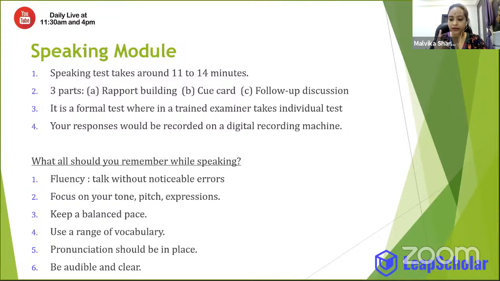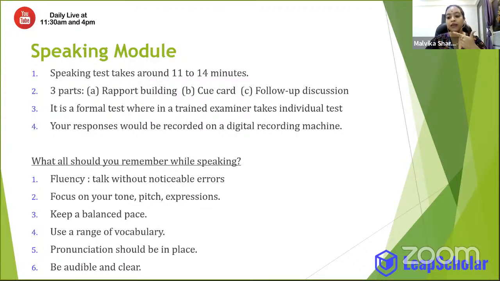Part 1 is a rapport building round in which the examiner is usually trying to make you comfortable with the surroundings, comfortable with her, so that after some time you are able to answer all her questions. Got my point? So just treat the examiner nicely. She's only there as a facilitator, not as any kind of burden. Build the rapport with her, and that's your first round.